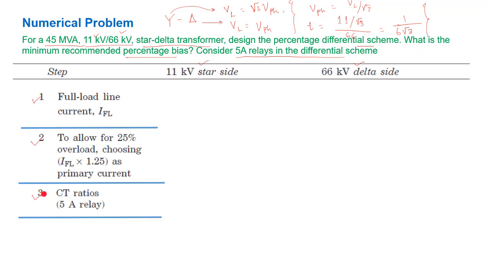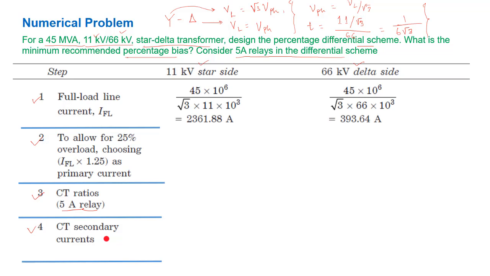Then we will find the CT ratios considering a 5 ampere relay, right. That means the 5 ampere current is flowing in the secondary side of the CT. Then the fourth step is to find the CT secondary current, right. So, let us find, then we will go for the next steps.